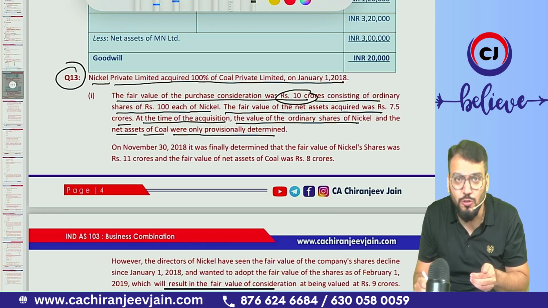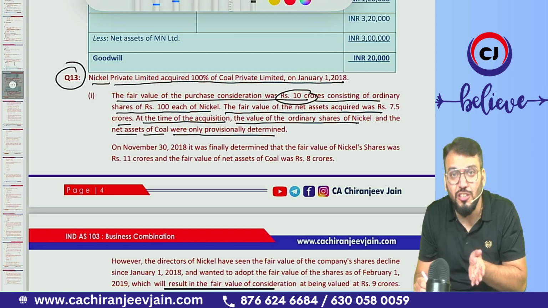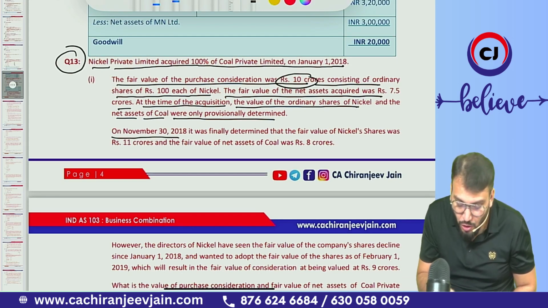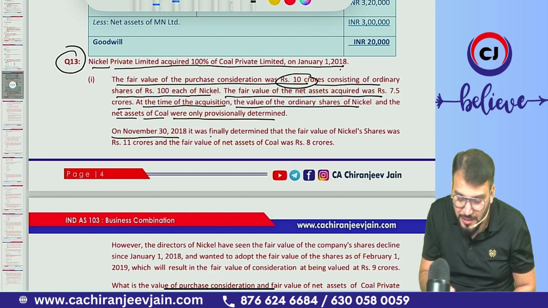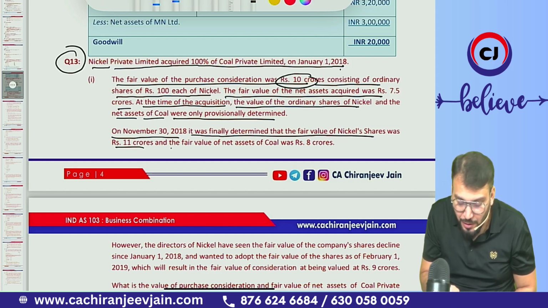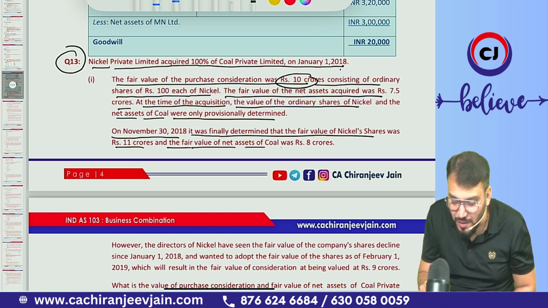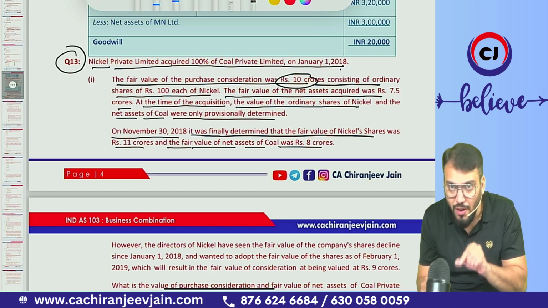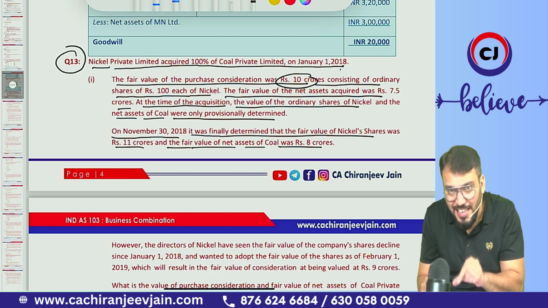Ind AS 103 allows a measurement period which should not be more than 1 year from the date of acquisition. The date of acquisition was 1st Jan 2018. On November 30, 2018, it was finally determined that the fair value of Nickel shares was 11 crore and the fair value of net asset of Coal was 8 crore. This is within 1 year from the date of acquisition, so of course this information can be taken into consideration.